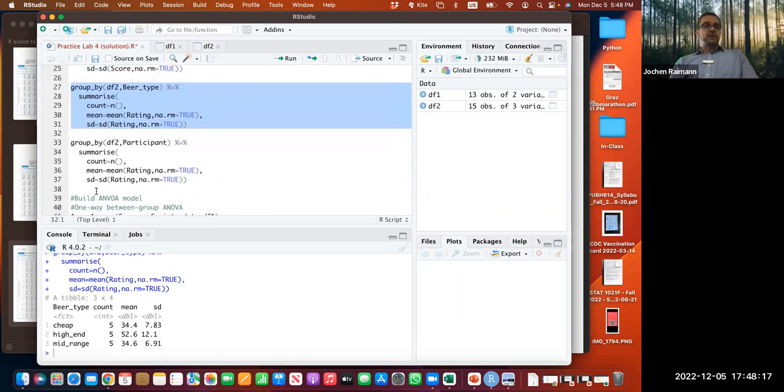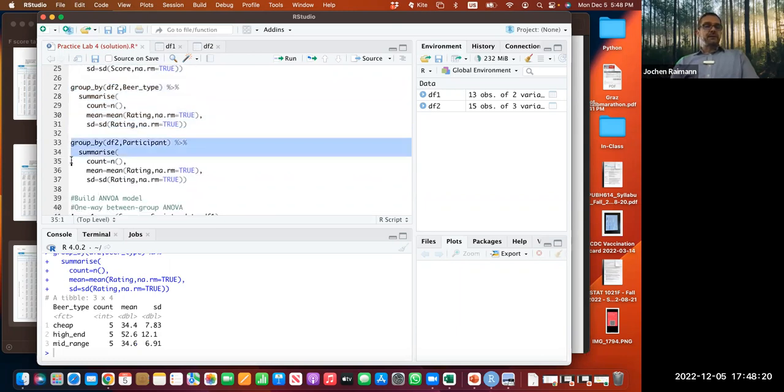You can do the same by grouping it by participant. So the code, I'm not going to go too deep into the code, but basically what you see here by group by, you're grouping DF2 as per the participant. You pipe it into summarize, which is a summarization code. You say then, I want the count, which we have here. I want the mean, which we have here.